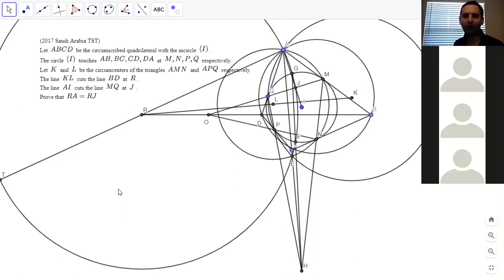It's one way to think about it. So yeah, can we find the power of R with respect to the incircle?